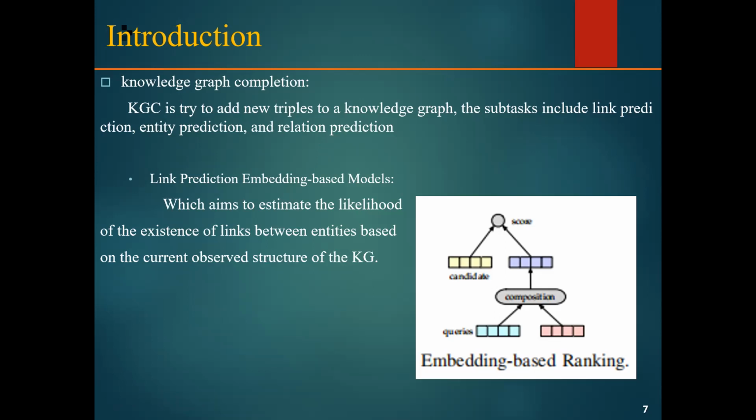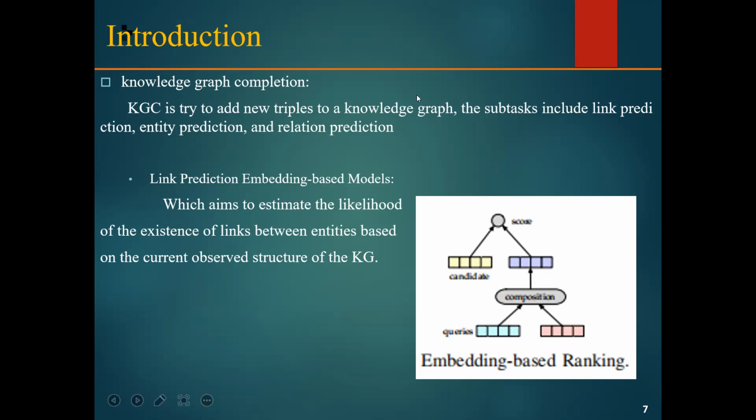Link prediction can be used across different knowledge graphs. It could be used to predict the missing links between two entities across the knowledge graph, or it could also be used for entity alignment.